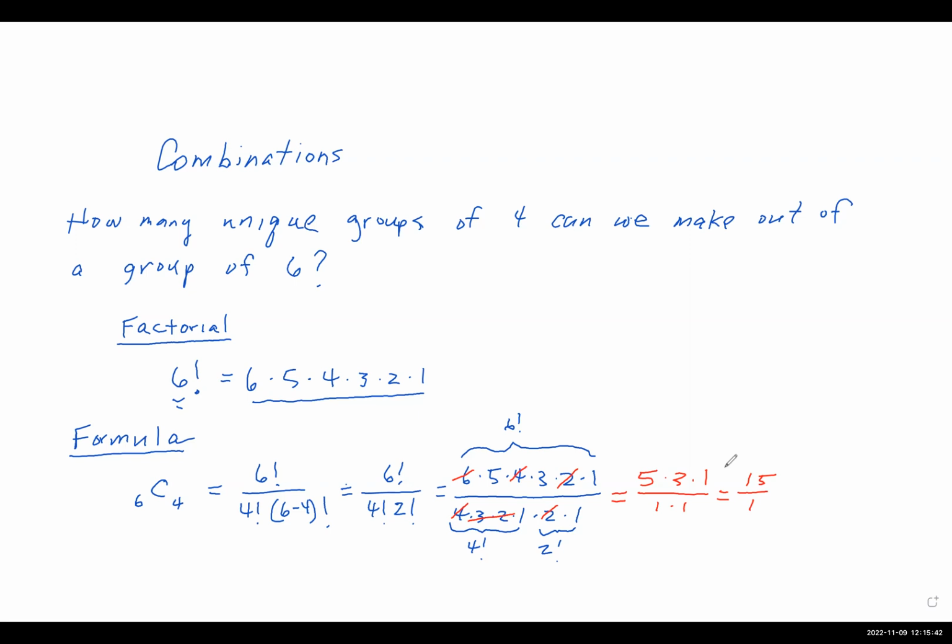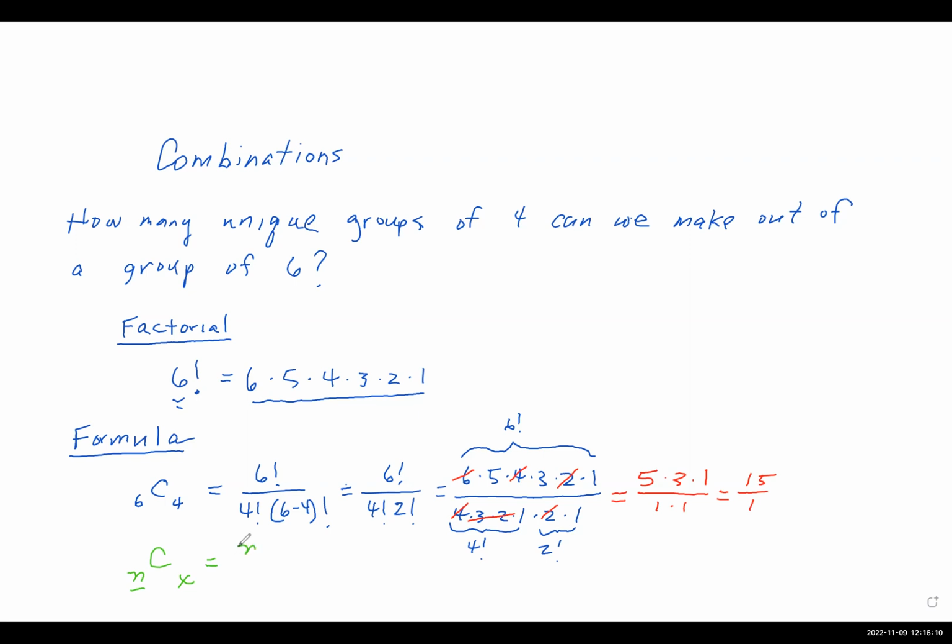Now, in general, the formula looks like this. In general, meaning not for specific numbers, but just for any two numbers. You would say the combination of the big group that has n items in it, and we're taking them x at a time, would be this number goes in the numerator.